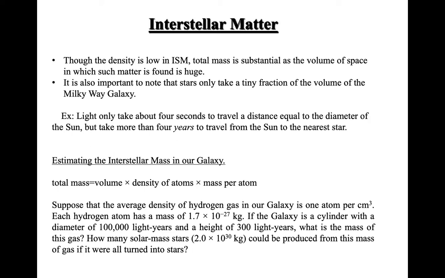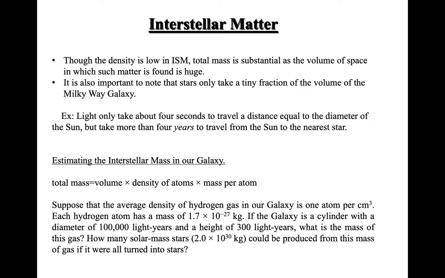And the next question is, you will see in our next lectures that this interstellar mass is actually responsible for making stars, because it is the raw material that will be converted into stars. The next question is, how many solar mass stars could be produced from this mass of gas if it were all turned into stars?